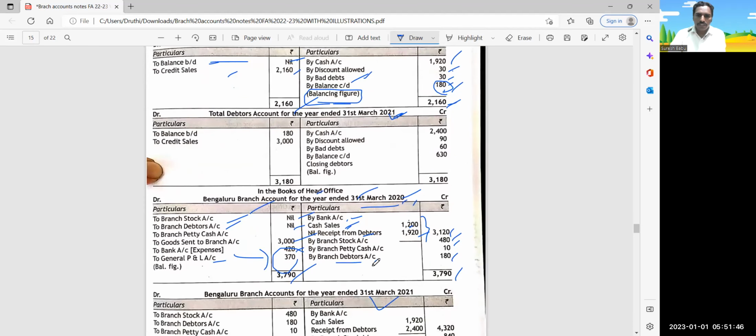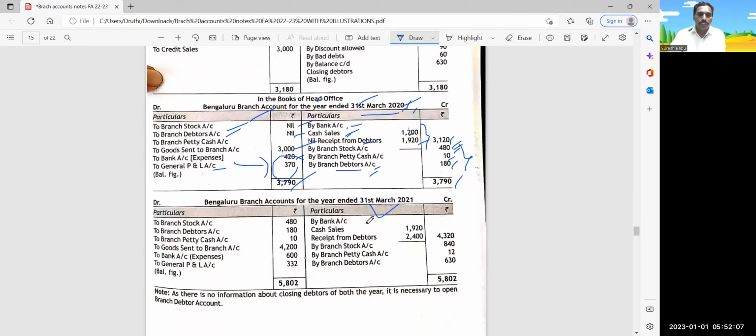In 2021, what happens? See, branch stock 480 in 2020 was ending, correct? Closing petty cash 10, and 180 rupees, what? Branch debtors. This closing of the previous year 2020 becomes opening.